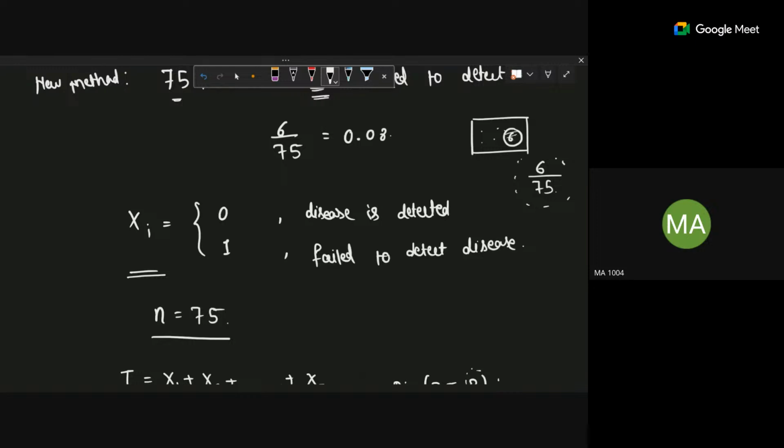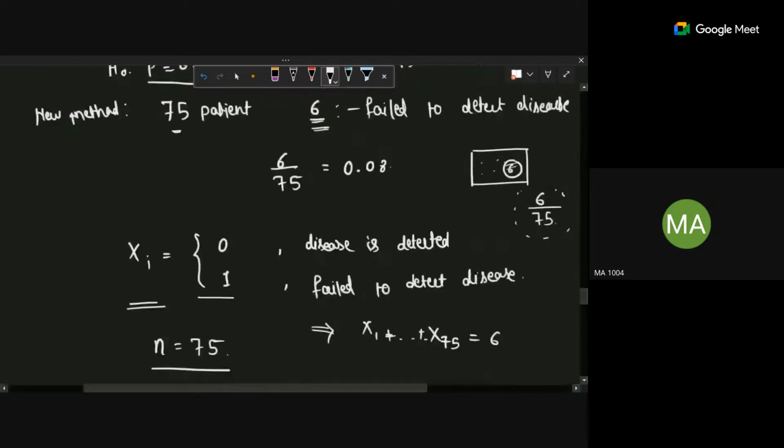So I give it the number 1. If I take 75 samples and in that case 6 times it failed, I will get the sum of x1 to x75 as 6, right? Are you getting it? So if my sum is 6, how do we get the critical value?